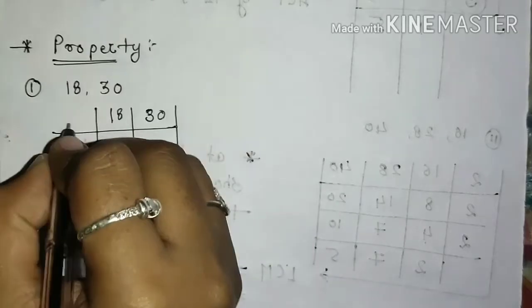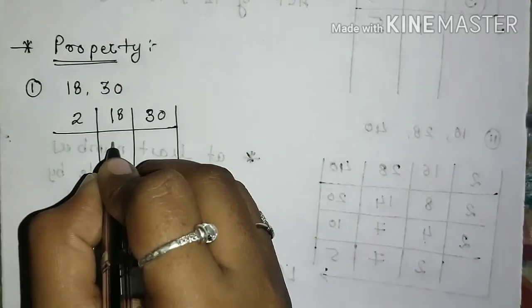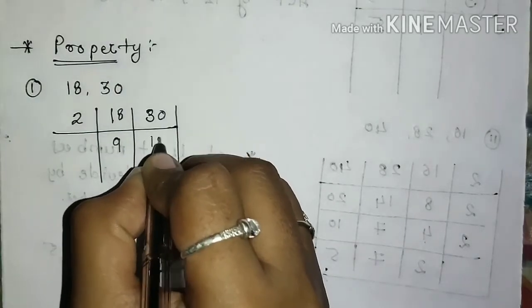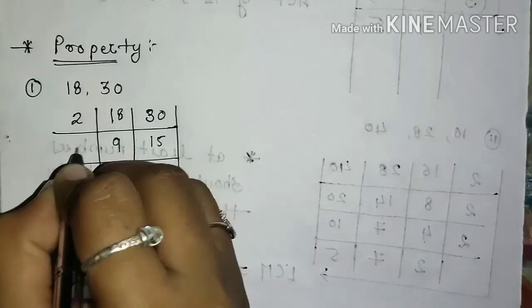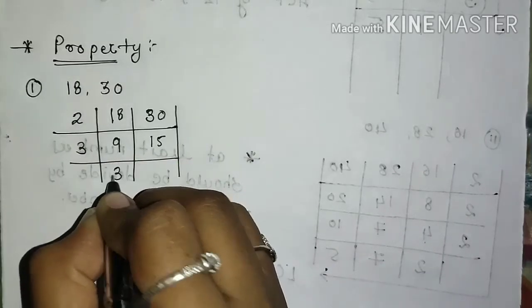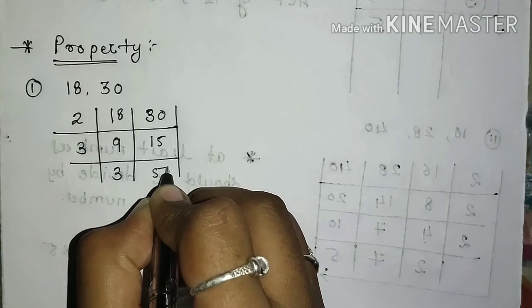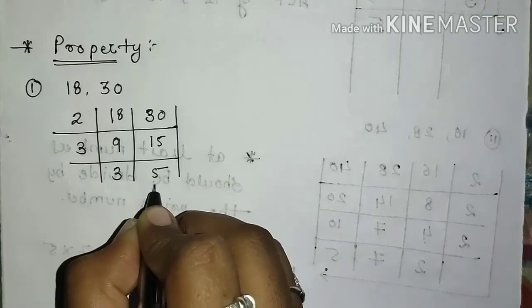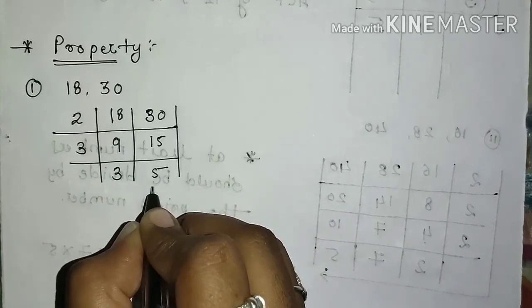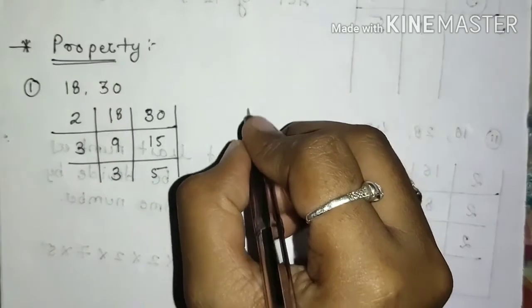So let us start. Divide by 2. Here we get 9, here we get 15. Both the numbers can be divided by 3. 3 3s are 9, 3 5s are 15. Now since the remaining two numbers cannot be divided by the same number, we have to stop the process.